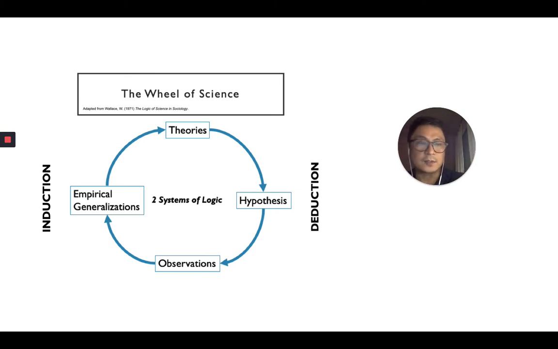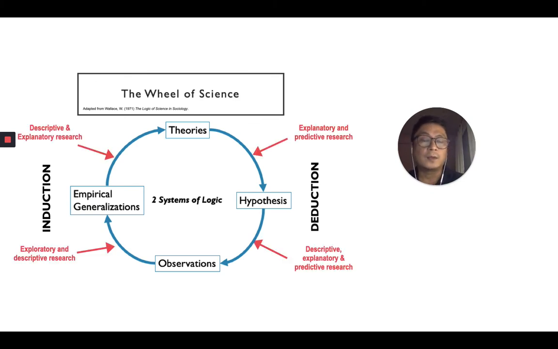And then at the end of that process you can either reject your theory, you can accept the theory, or you can improve the theory and then continue with other observations.